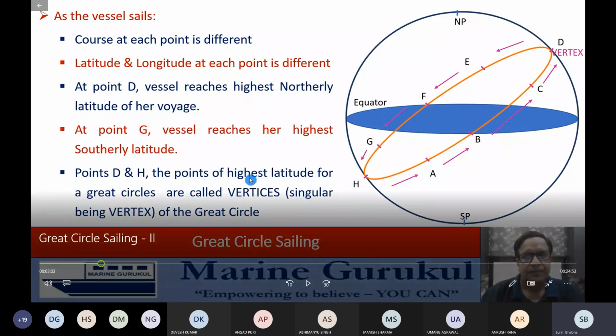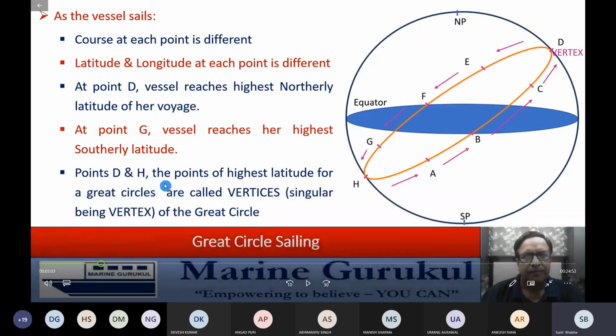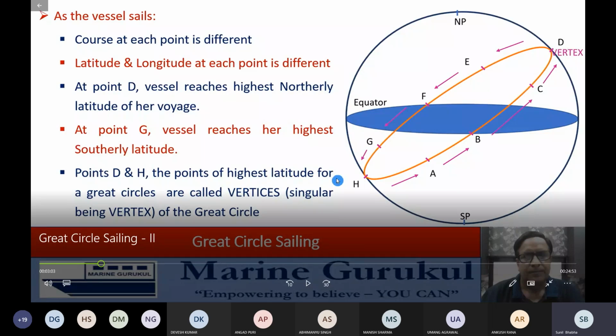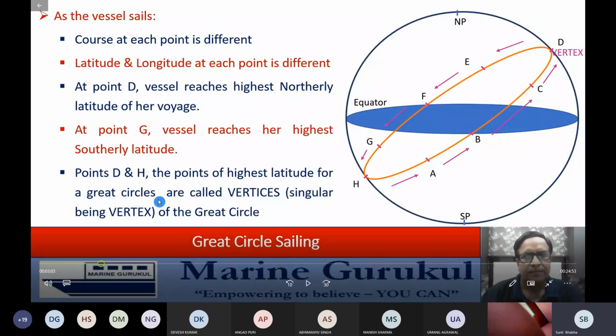Okay, beta, if you have not written this definition, you can write it down in your notebooks. The vertices are the points of highest latitude for a great circle track. So if you have not written it, just note it down and let me know once done.